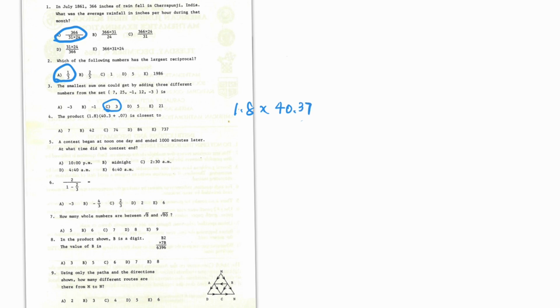So 40.37 rounded to the 40, 1.8 times 40 equals 72. That's close to C, 74.